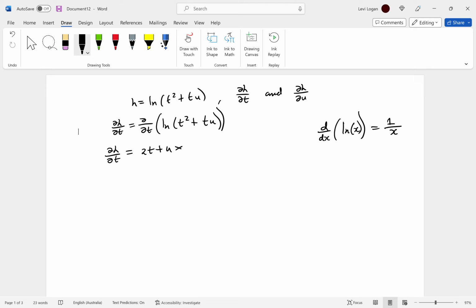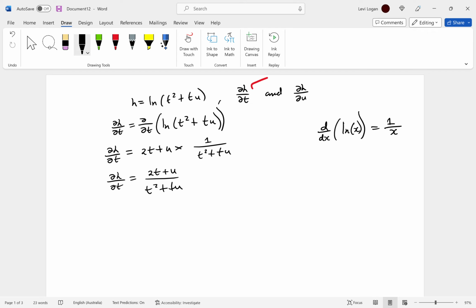So this whole thing is multiplied by 1 over t squared plus tu. So delta h over delta t is equal to 2t plus u all over t squared plus tu. That's that one done.